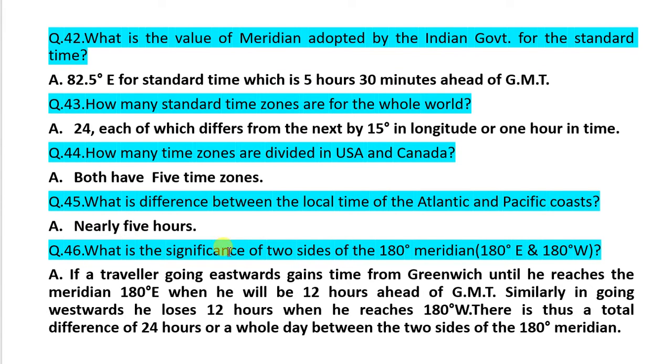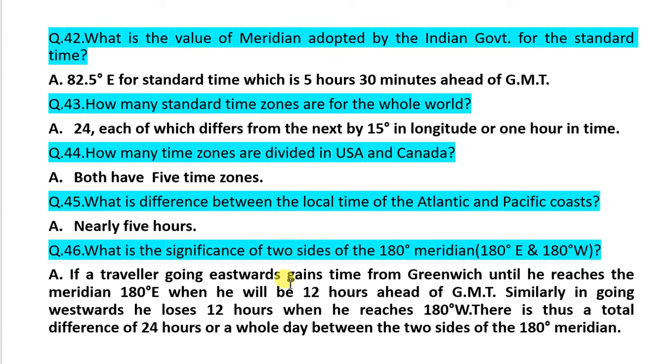Next question. What is the significance of the two sides of the 180 degree meridian, that is 180 degrees east and 180 degrees west? If a traveler goes eastwards he gains time, as you know; if we go eastwards we will be ahead of GMT, and if we go westward we will be behind GMT in time.